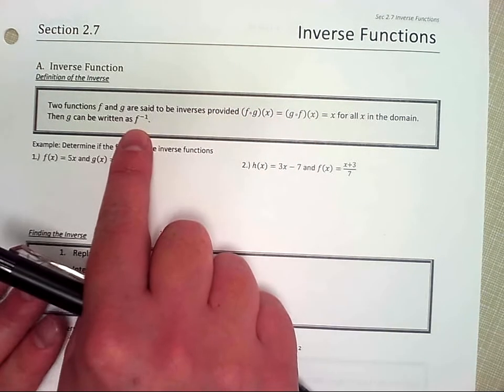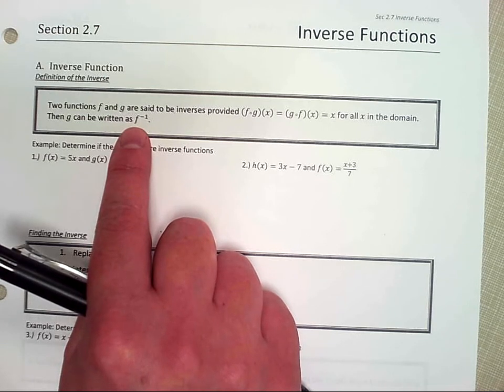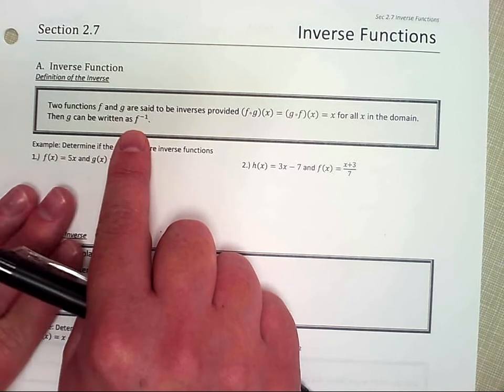So this f inverse, this is the worst notation in math. Sometimes people will think this is f to the negative 1 power, and they'll say it's 1 over f, with properties of exponents. That's not true. This is the functional inverse, not the multiplicative inverse. So, worst notation in math. But somebody wrote it a million years ago, and here we are.